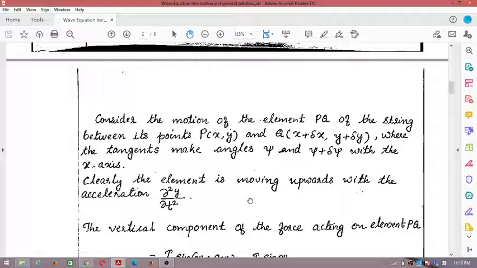Acceleration is the rate of change of velocity, and velocity is the rate of change of displacement. Hence, we can write the acceleration as the second derivative of displacement with respect to time. Since the displacement is represented as y, we write it as ∂²y/∂t².